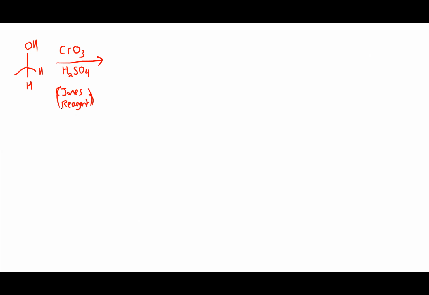You mix chromium trioxide, which is really toxic, with sulfuric acid, which is really corrosive, to get a really toxic, really corrosive, really oxidizing mixture, which basically destroys all sorts of stuff. This is going to take us to a carboxylic acid.